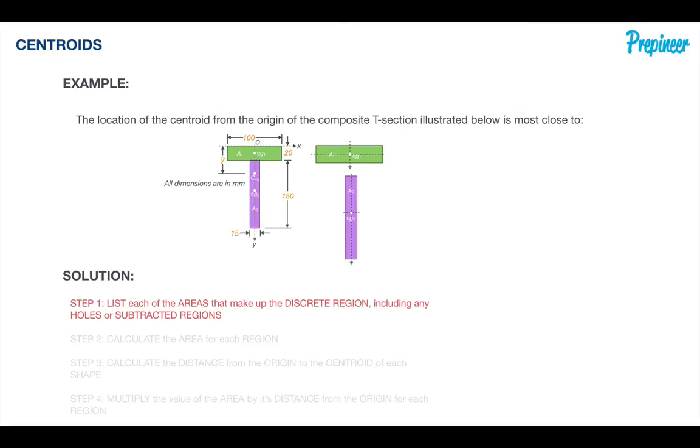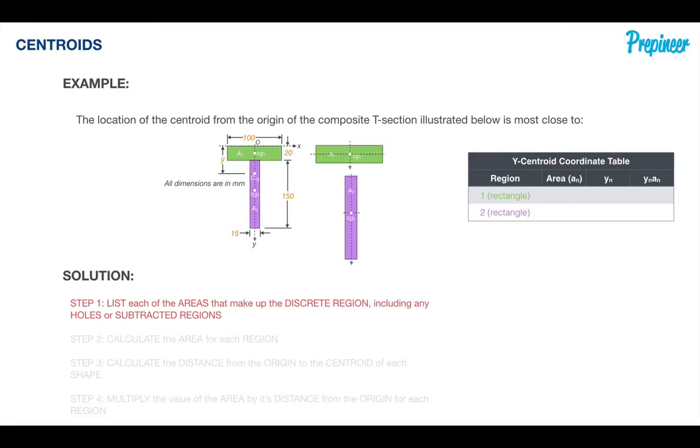So we can break these subregions out as such and list them out in our y-coordinate centroidal table. So region 1, our green region, is a rectangle, and region 2, our purple region, is a rectangle as well.